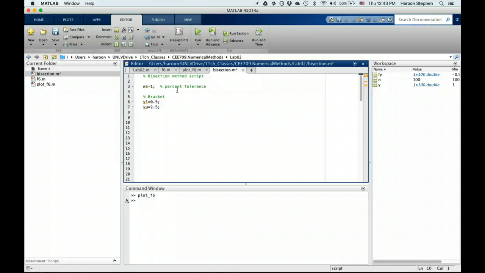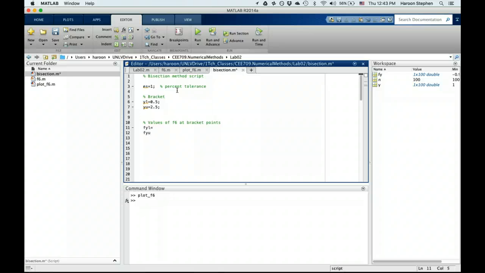Now let's find the values of the function at these points. So values of the equation, values of f6 at bracket points. Of course, we will have to call them something, so let's call them fyl and fyu.